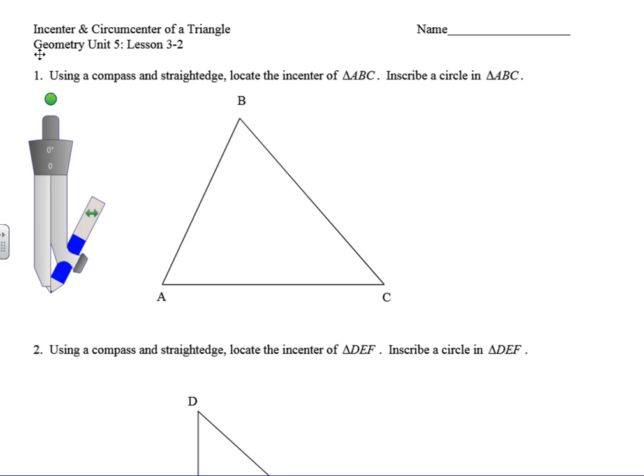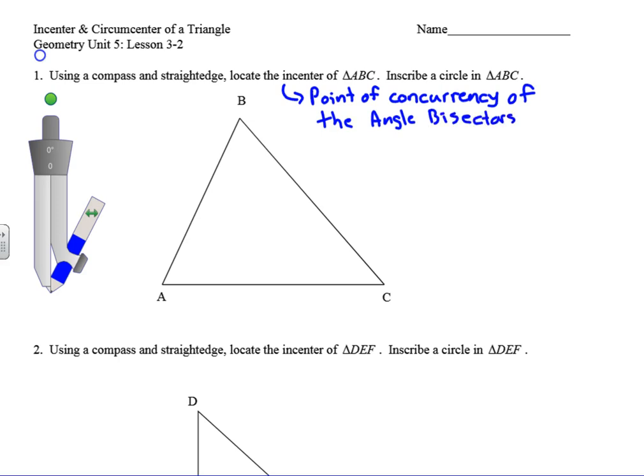Okay, so the incenter is going to be the point of concurrency, where the three lines come together, of the angle bisectors. So the angle bisectors meet at the incenter.